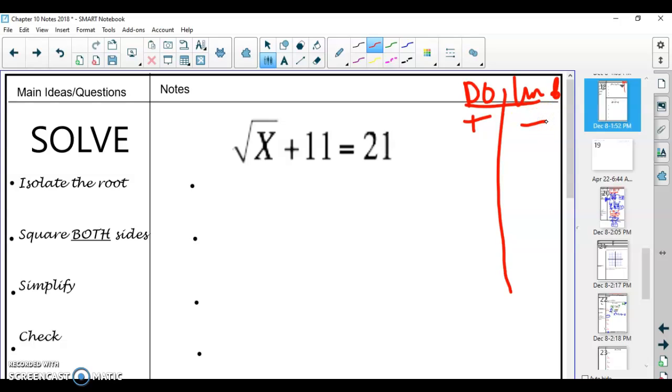You minus. If you have multiply, how do you undo that? Divide, and vice versa. Now, if you have a square root, how do you undo that? You square it. So this right here is what we're going to use today. I think you've used this process before, but now we'll just be super intentional about it.